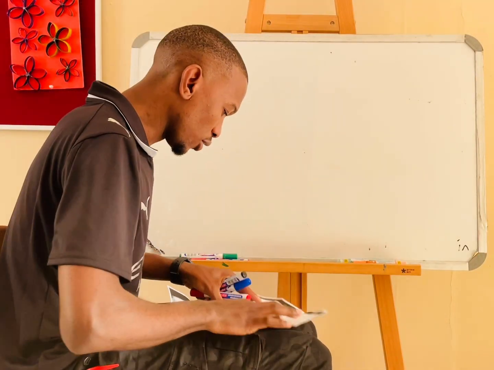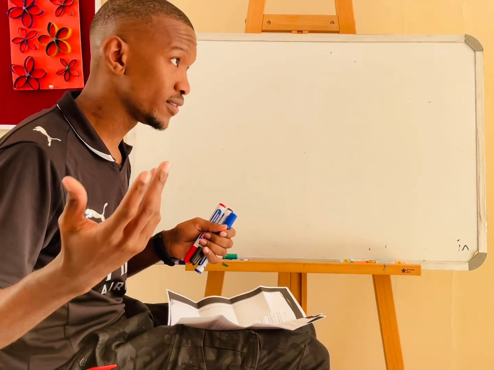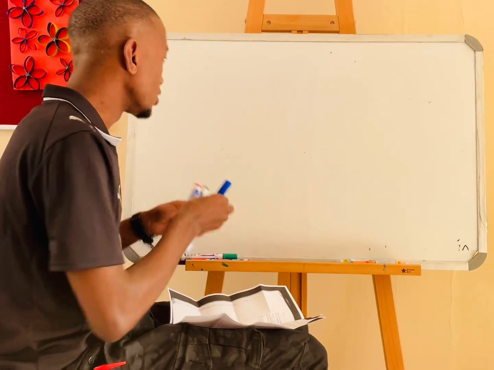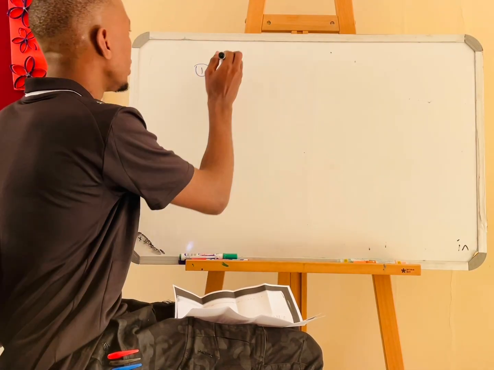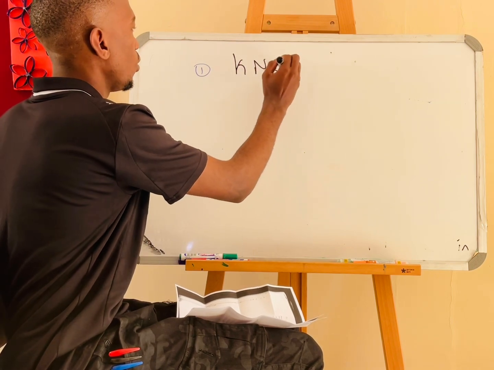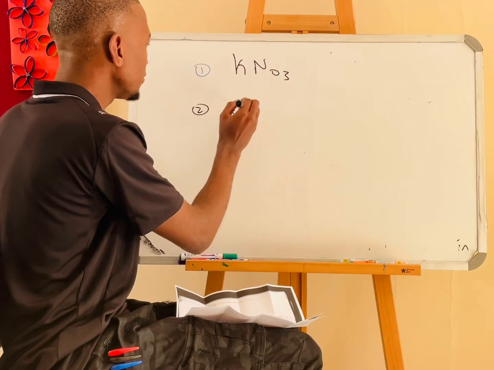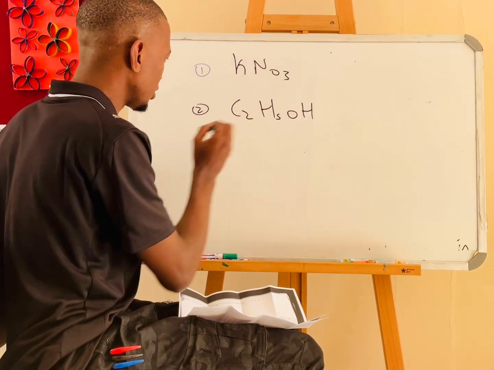All right. So the question says, for each of the following, say whether the substance is ionic or molecular. Number 1, we have KNO3. Number 2, we have C2H5OH.